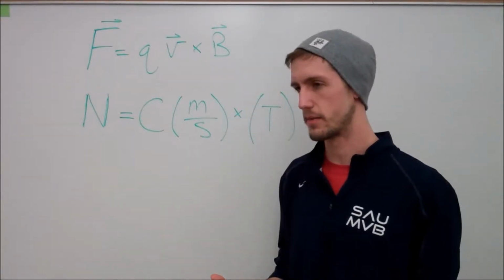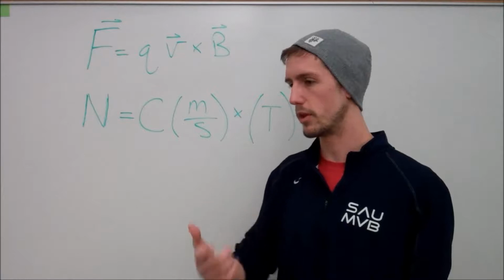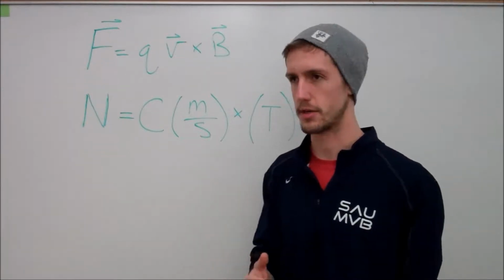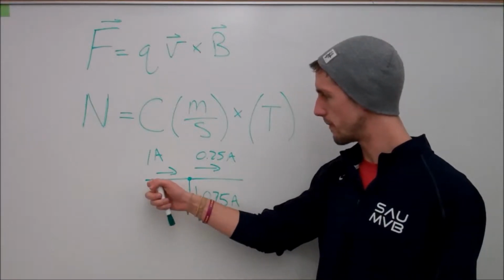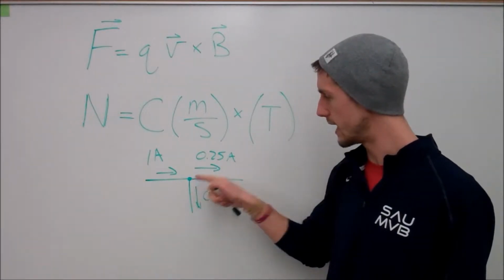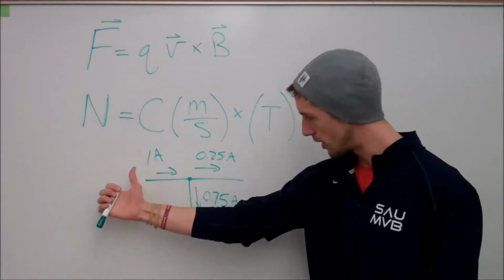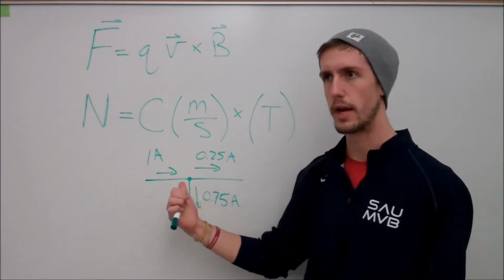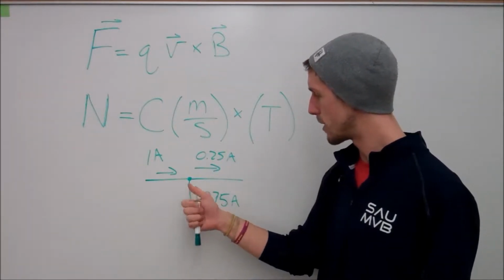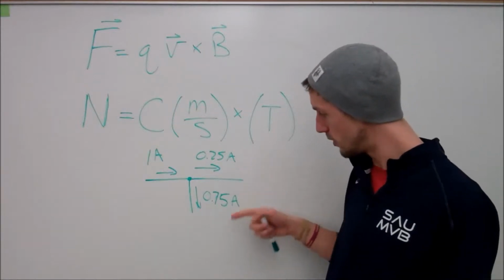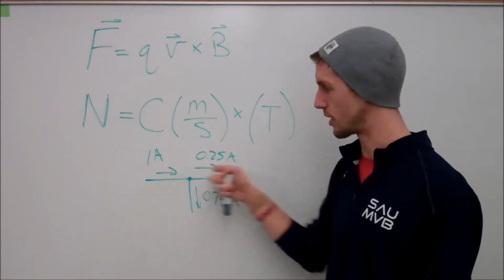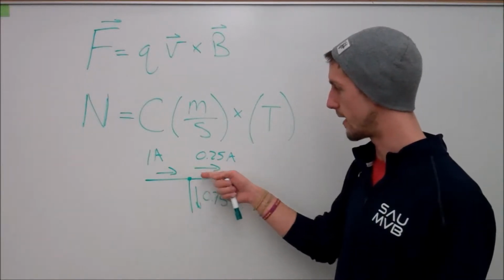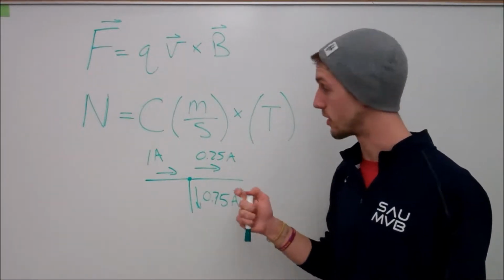Well, current is the flow of electrons, but when we look at it, it's counting the number of electrons. Because when we thought about current flowing through a wire and it hit a junction, if I had 1 amp of current going in, and I had 0.25 going off the top, I knew that 0.75 was going to have to go down, because I couldn't have a loss or a gain of electrons.